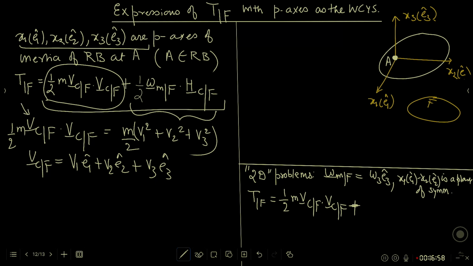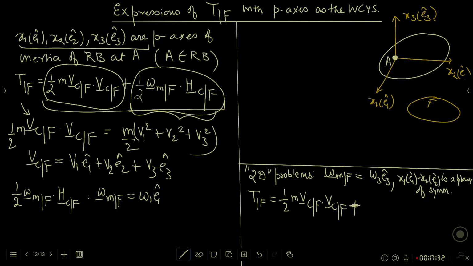If my working coordinate system is as shown on the figure, with the 3 axes being the principal axes of inertia of the RB at point A. Now, omega MF will be written as this, and HCF will be written as this.